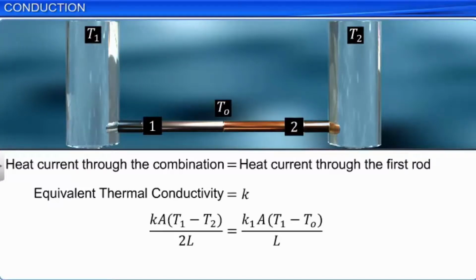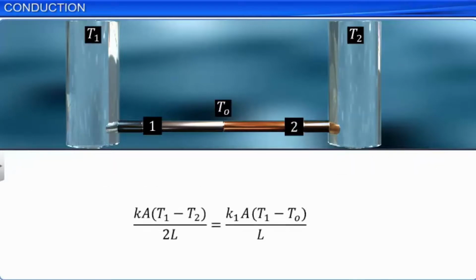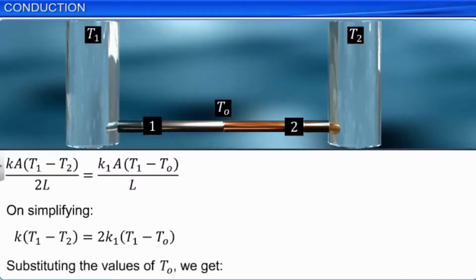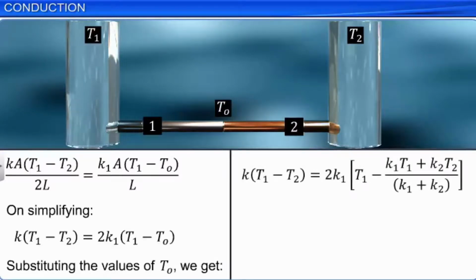On simplifying, we get K(T1 minus T2) is equal to 2K1(T1 minus T0). Substituting the value of T0, we get K(T1 minus T2) is equal to 2K1(T1 minus (K1T1 plus K2T2)/(K1 plus K2)).